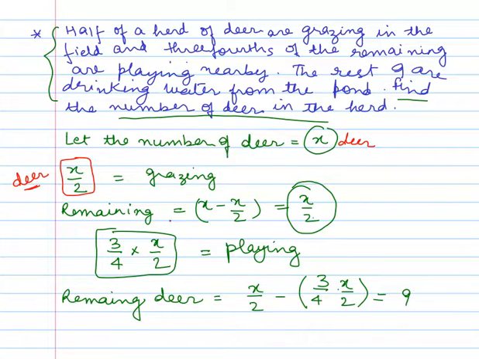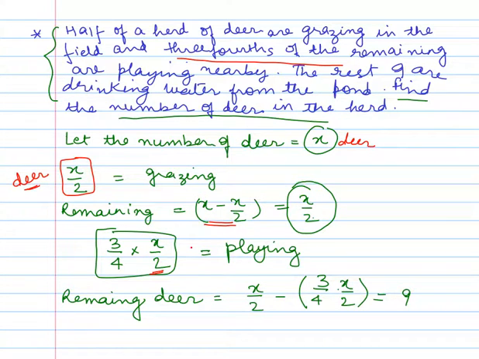The remaining is x minus x by 2, right? Remaining deer are x minus x by 2, which we don't know what they are doing. So they are saying 3/4 of the remaining, which means this x by 2 is remaining, so 3 by 4 of the remaining x by 2 are playing nearby.